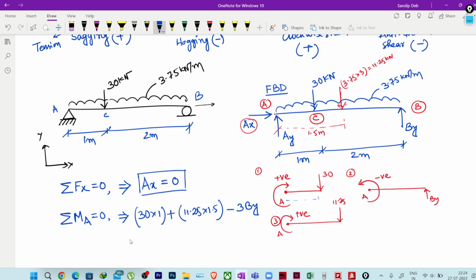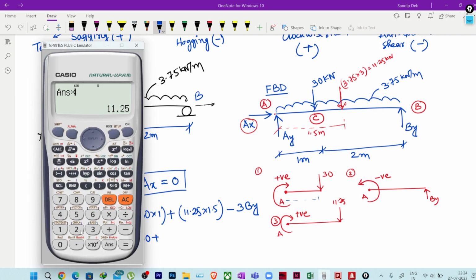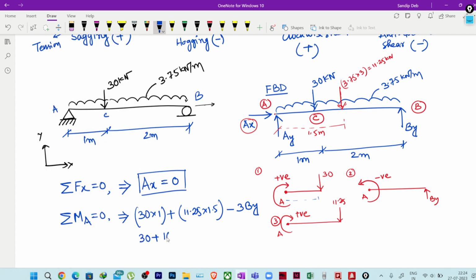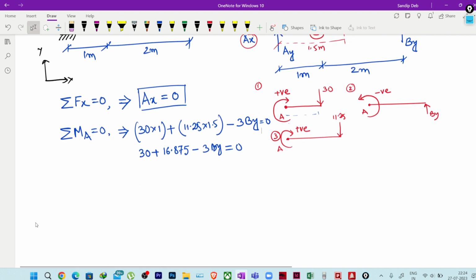So it will be 30 plus 11.25 into 1.5, which is 16.875, minus 3By equal to 0. I write equal to 0 because I am writing summation of MA equal to 0, correct?